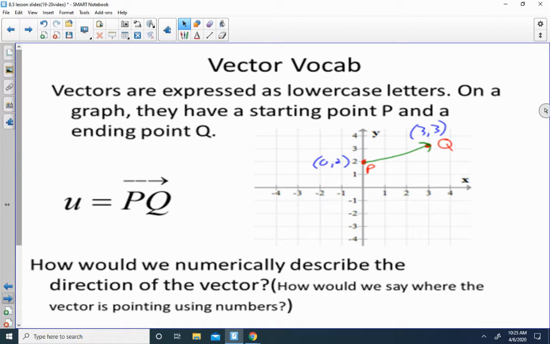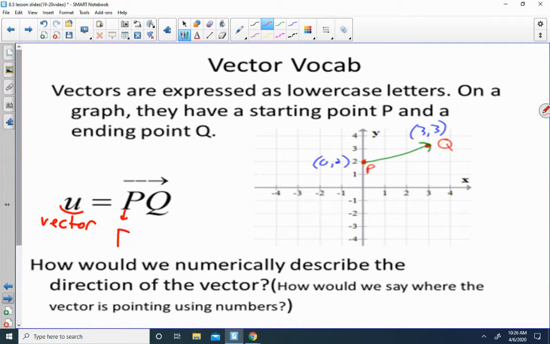Let's talk about notation. Vectors, in terms of mathematics, are usually expressed as lowercase letters. So if you see a lowercase u, that would be the notation for a vector. And on the graph, they will always have a starting point and an ending point. Let's say we have vector u equal to the arrow PQ.